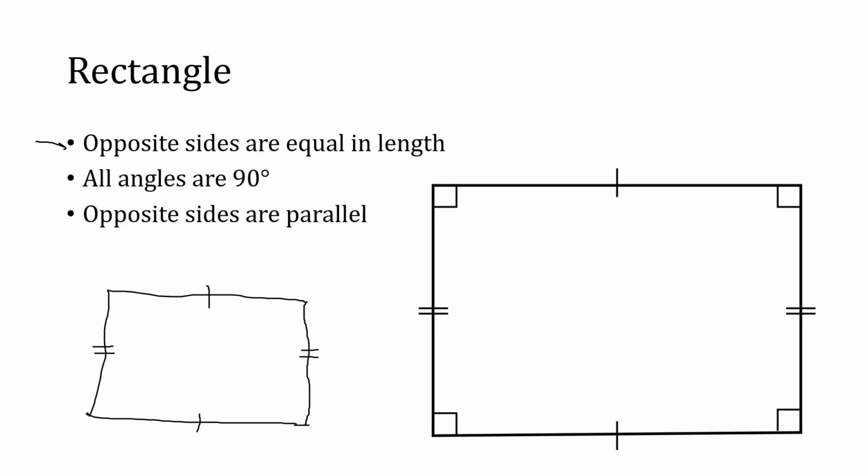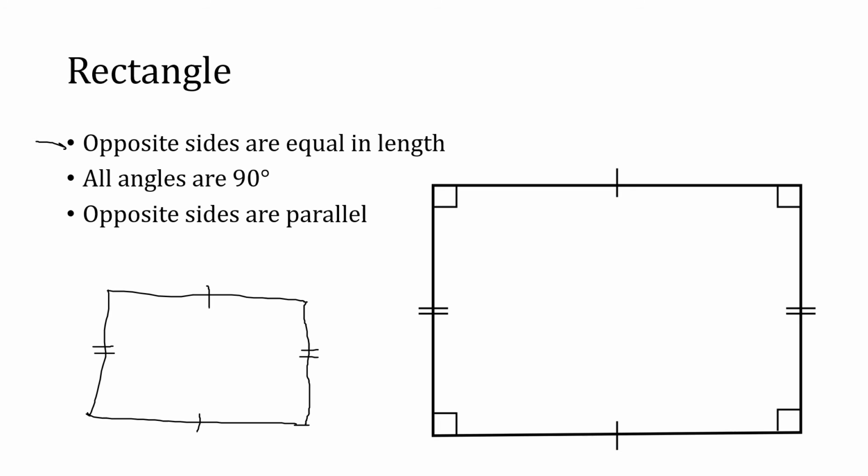It doesn't matter. All that matters is that the top and bottom have the same number of ticks, and the left and right have the same number of ticks. The actual number of tick marks doesn't matter. So that takes care of the opposite sides being equal in length.